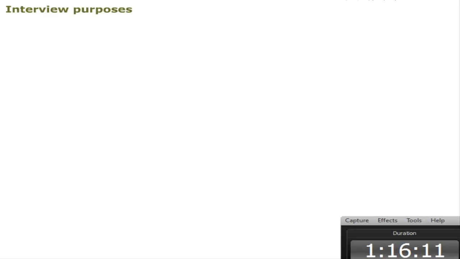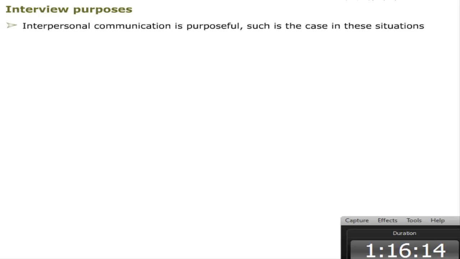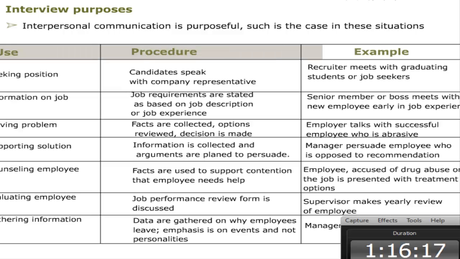Interview purposes. As we stated earlier, interpersonal communication is purposeful. As you can see on your screen, some interview situations can be: Purpose, seeking position. Procedure, candidates speak with a company representative.